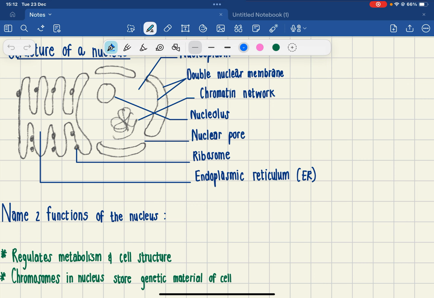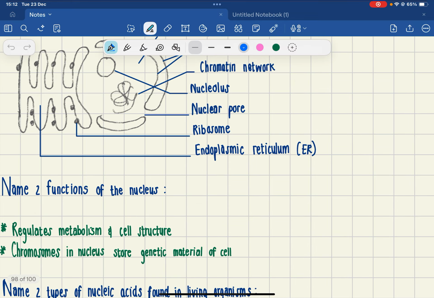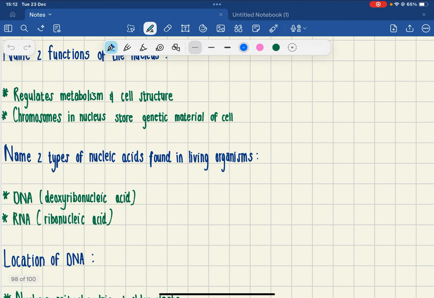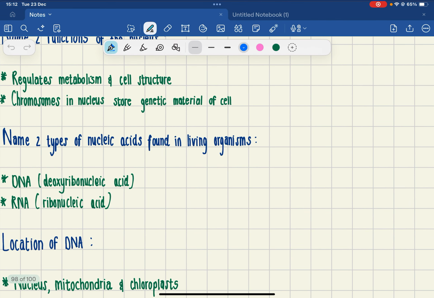The chromatin network condenses, and then there'll be chromosomes, and once it has condensed, it has the genetic material of the cell. Now, boys and girls, there are two types of nucleic acids, and these are DNA and RNA. So DNA is deoxyribonucleic acid, and RNA is ribonucleic acid.